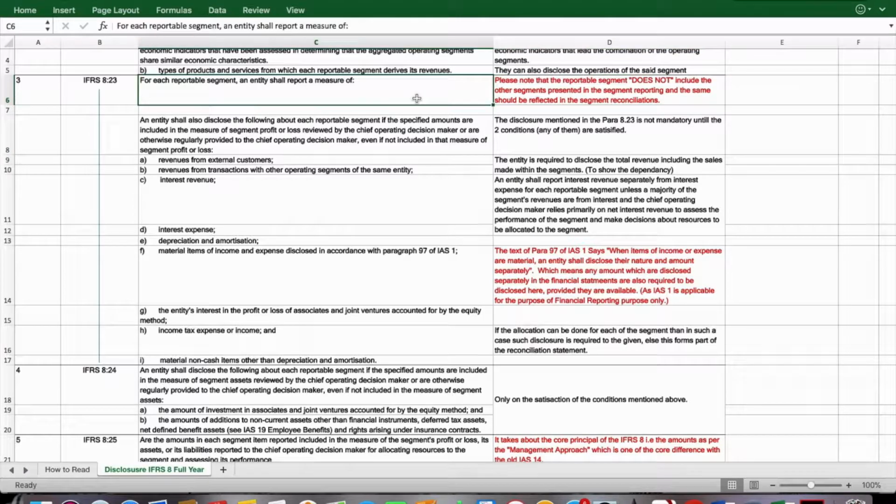The first thing I would like to mention: think about an entity having three reportable segments: Segment 1, Segment 2, and Segment 3. What about the other items which do not form part of these three segments? Those are reported as other segments or other items.